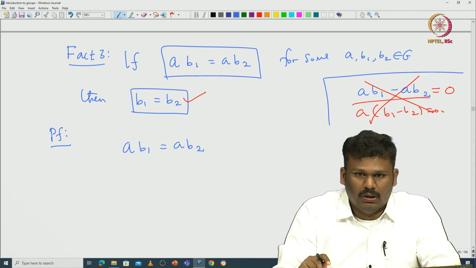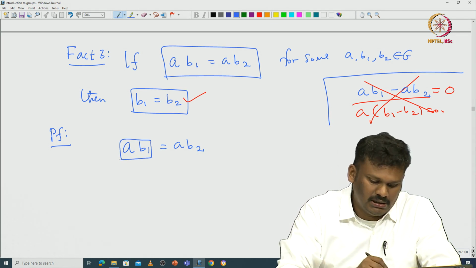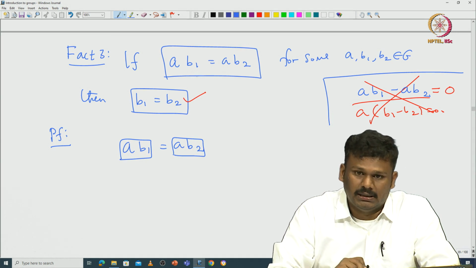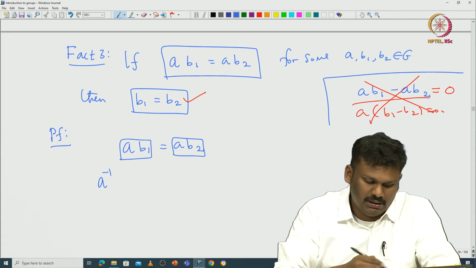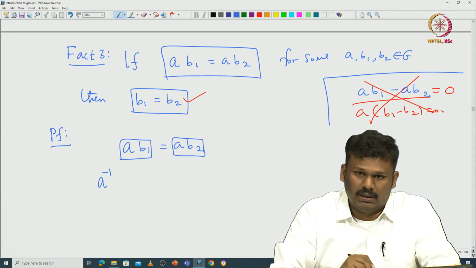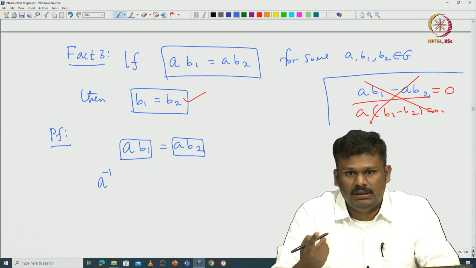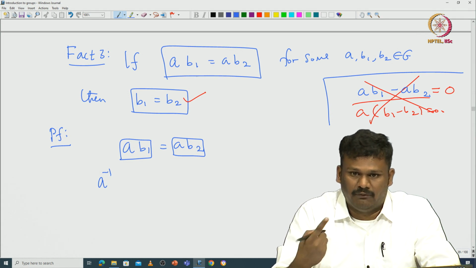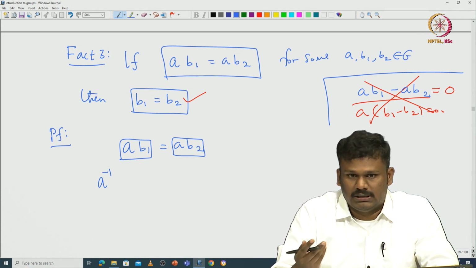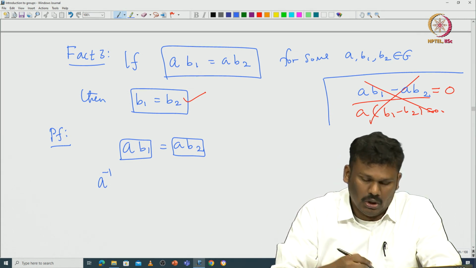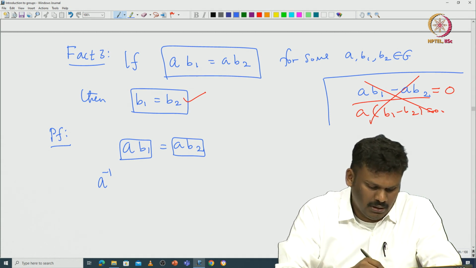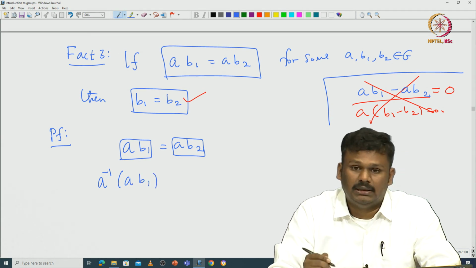Now this is one element, this is one element inside the group G. So I will be able to take A inverse and do the multiplication with A inverse. I say multiplication, but what I mean is the binary operation that we perform on the group, not the usual multiplication. So you just take A inverse and apply it on the left side.